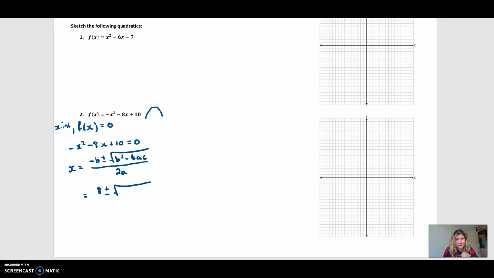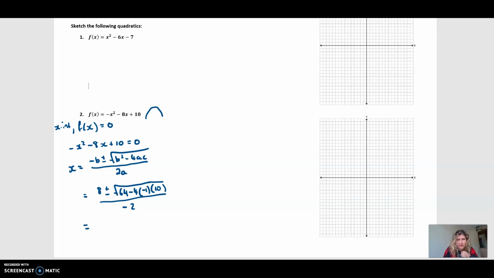Now I'm just going to put this in as 8 squared, because we know that negative 8 squared and 8 squared are the same thing. And you can even chuck that in just to 64, which I might do there, minus 4 times negative 1, because that's got a negative 1 out the front of that x squared, times 10, all over 2 times a, so 2 times negative 1, which is negative 2.